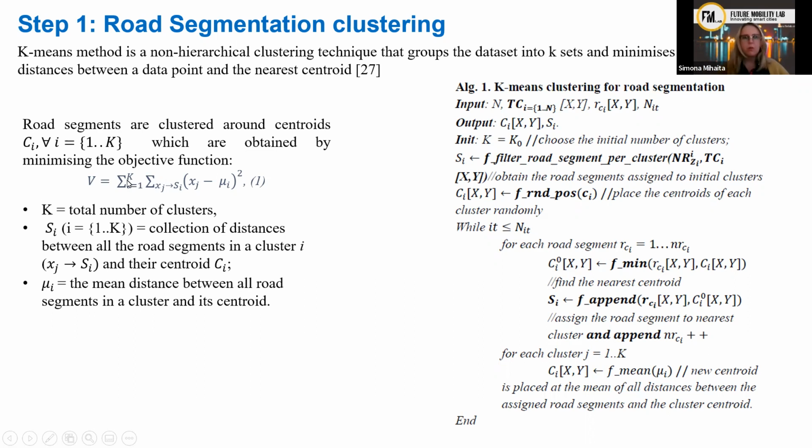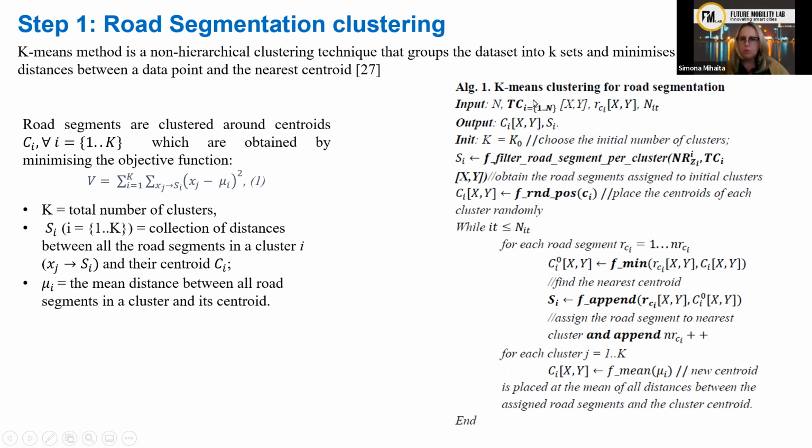The centroid is obtained by minimizing this objective function, which is the difference between the center of a cluster and each of the road segments that falls into that cluster area definition. Basically, it covers all the distances between the centroids and the road segments that fall into a subset Si, with a mu i, which is the mean distance between all the road segments in a cluster and that centroid.